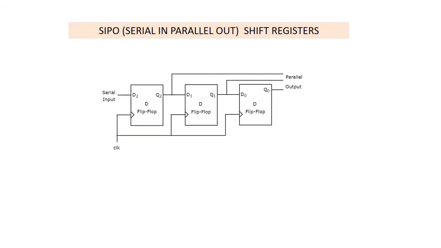Once the data bits are stored, each bit appears on its respective output line and all bits are available simultaneously, rather than on a bit by bit basis as with the serial output. The serial in, parallel out shift register can be used as a serial in, serial out shift register if the output is taken from the Q terminal of the last flip-flop.